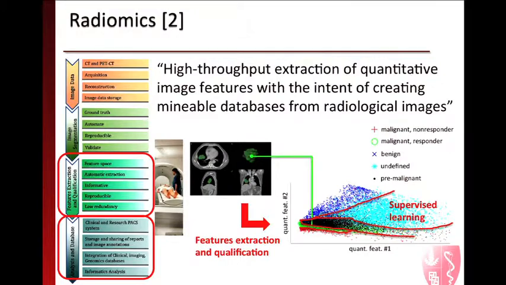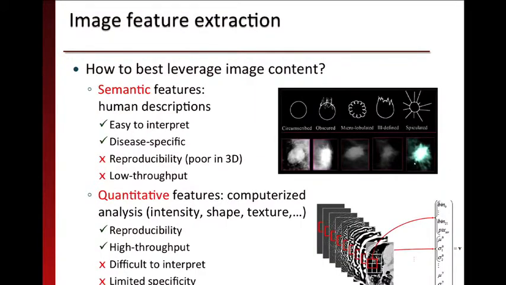So what is image feature extraction? Well, it's all about how to best leverage image content. And there are mainly two approaches in the literature to do that. The first one is to use controlled vocabulary and semantic features to describe the content of the images with human descriptions.